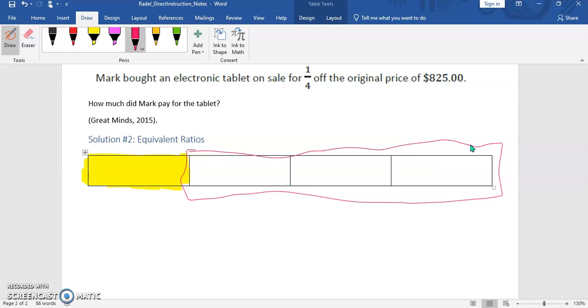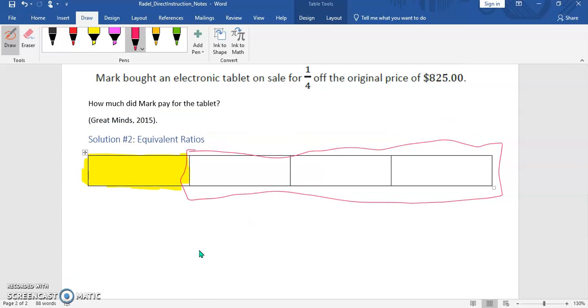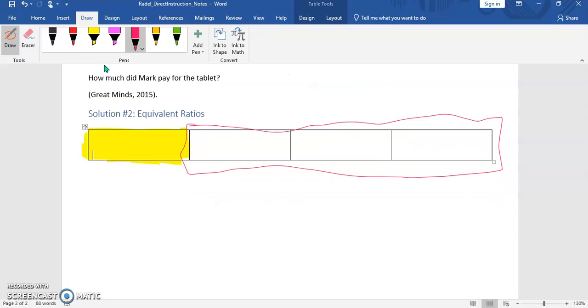So, again, if this is the entire price of the electronic tablet, all 4 parts, if I'm taking 1/4 away, I still need to pay 3/4. So let's set up an equivalent ratio.